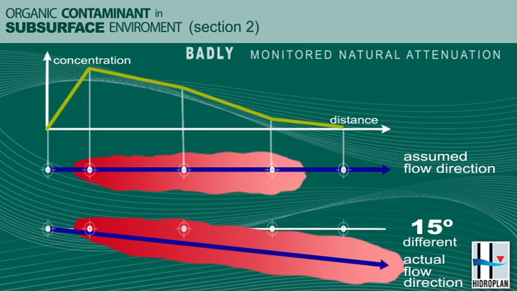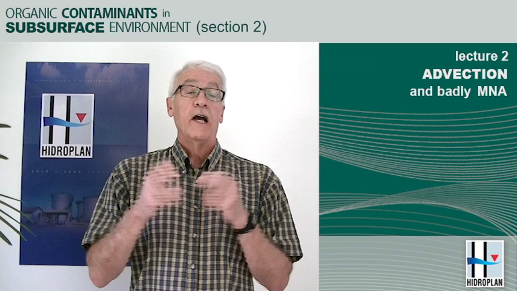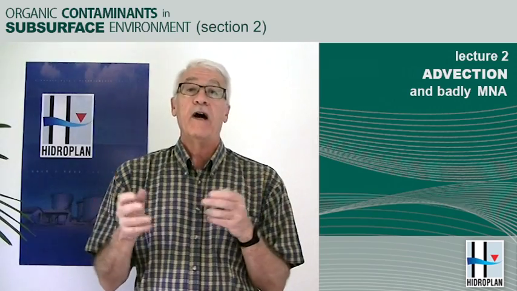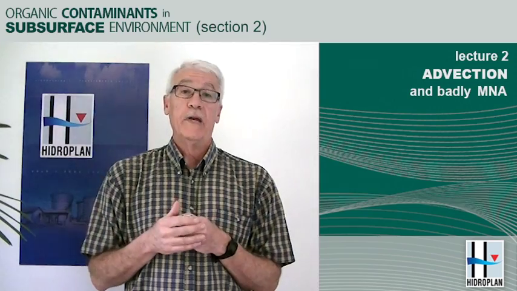So if we compared the assumed plume distribution to the actual plume distribution, shown in red here, we see that they're similar until we reach the end of the plume, and the contaminants now are clearly beyond that last well. I no longer have assurance that the contaminants are not reaching my well, so I'm not very happy.